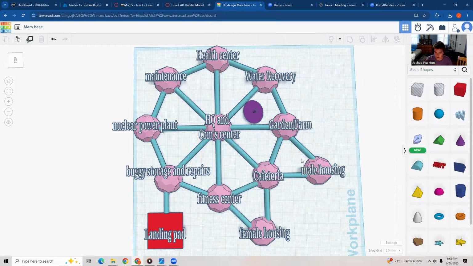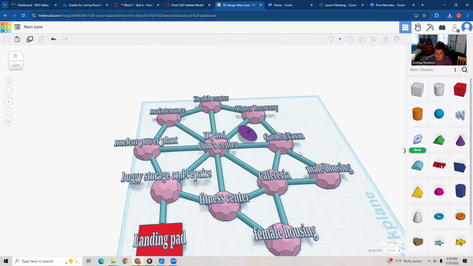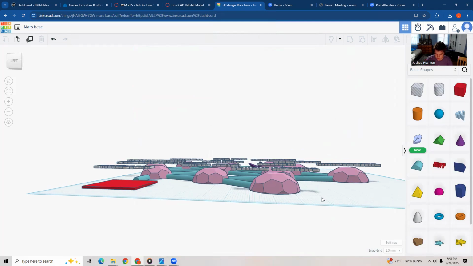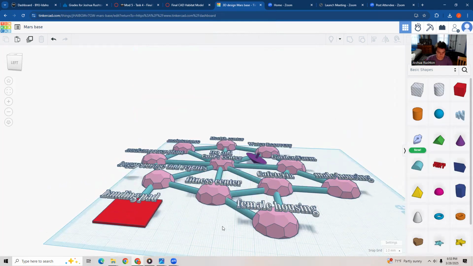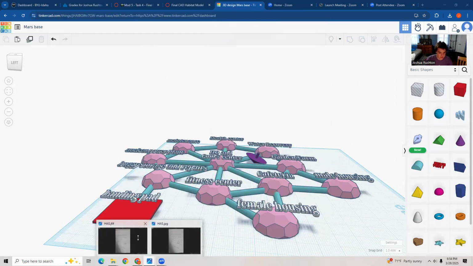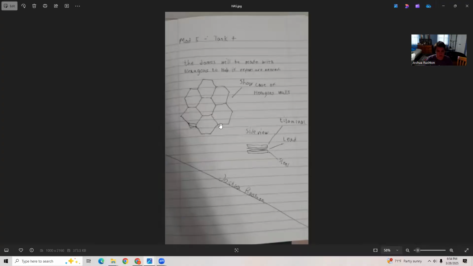Here is my CAD model. It uses these domes that have hexagons and pentagons. If I just quickly grab one, the hexagons are made up of smaller hexagons, which will help when they need repairs.